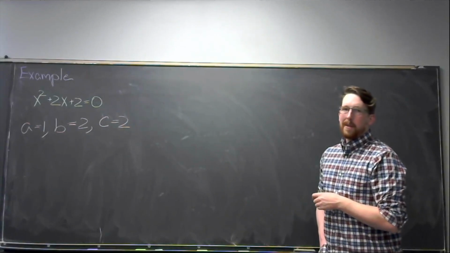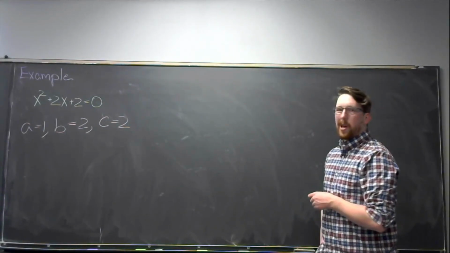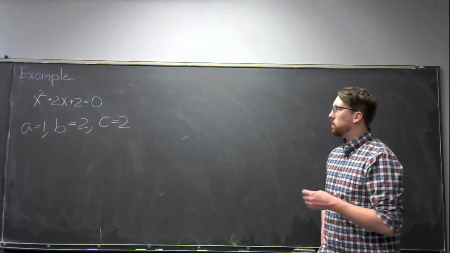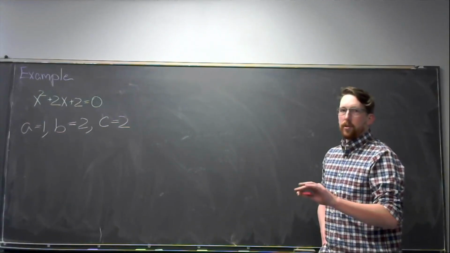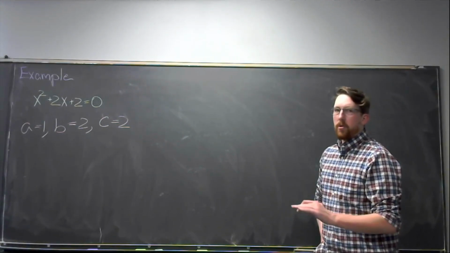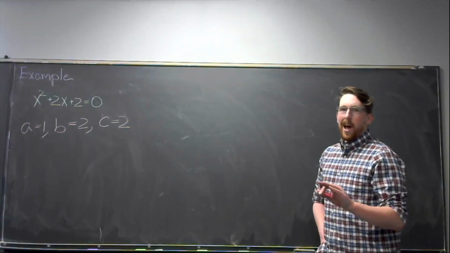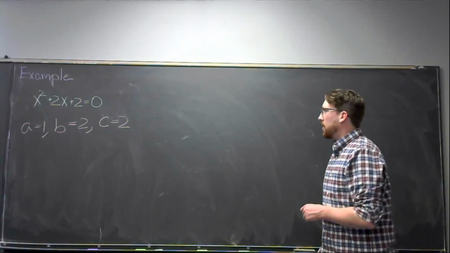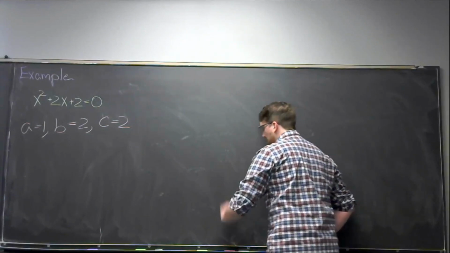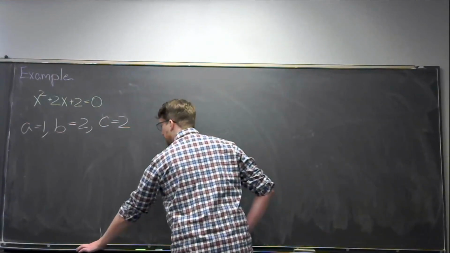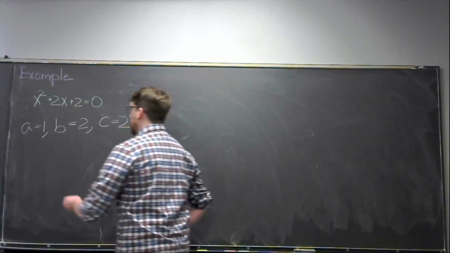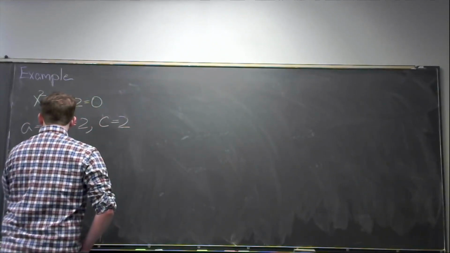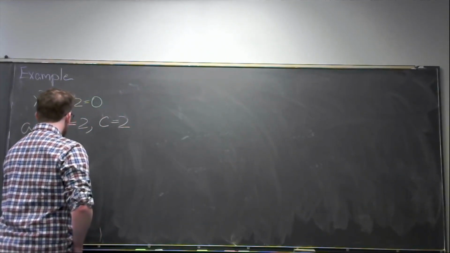Well, we're going to have to find it anyhow, so why don't we go ahead and just calculate the discriminant? I know I said literally not even a second ago that we were going to be done with the discriminant. I lied, I'm sorry. Let's go ahead and find it. We're going to need it anyhow, right? So the discriminant is going to be b squared minus 4ac.